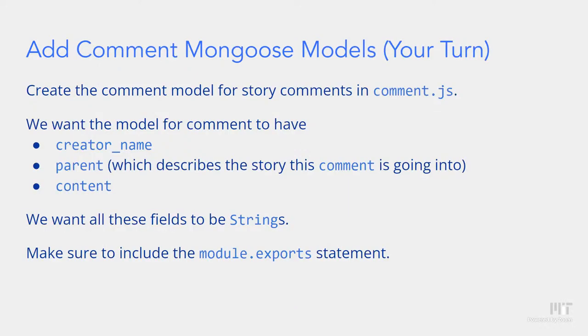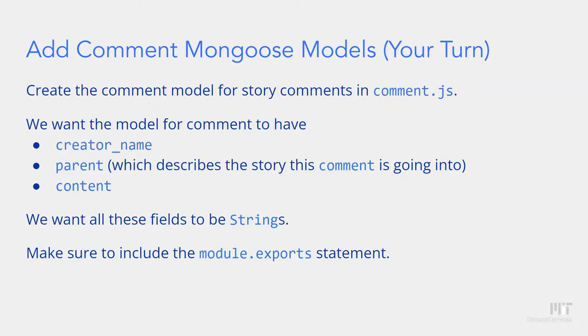And so now it's your turn. Using the basic three steps that we did for creating a story model, let's do the same thing for the comments model, right? In this case, to define your schema, we want the model for the comment to have three fields: a creator name, a parent, which describes the story that this comment should go under, and the content of the comment.